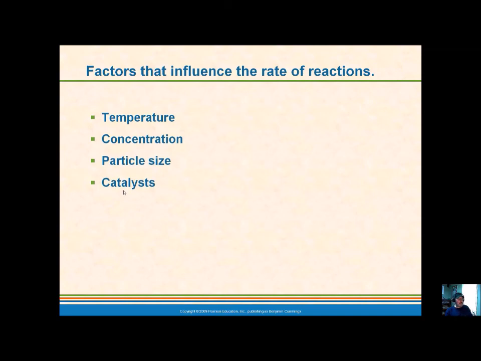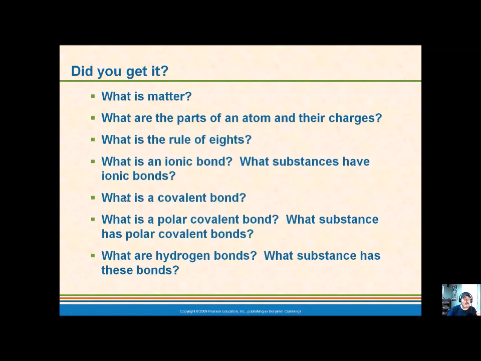But a catalyst acts like a matchmaker, and it puts together item A and item B in the right orientations for them to react. Otherwise, they're just floating around and bumping into each other, but they've got to bump in just the right way for them to actually stick together. Catalysts allow that to happen, and they don't do anything to release heat or anything like that.